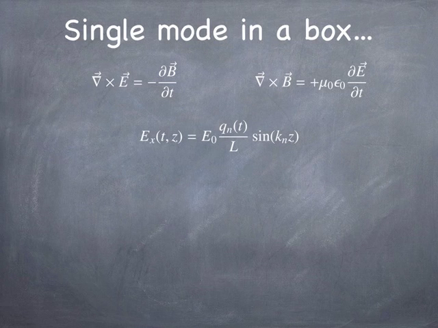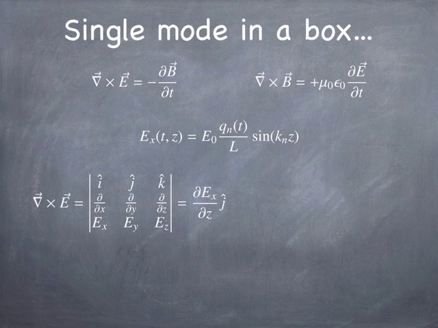And let's remind ourselves how the curl works. Curl is a vector operator that acts on a vector field, and in this case, if you apply it to a field that only has an x component and it only depends on z, so the only thing that's going to matter is the d/dz part of Ex, and if you work that out, it turns out to be dEx/dz j hat.